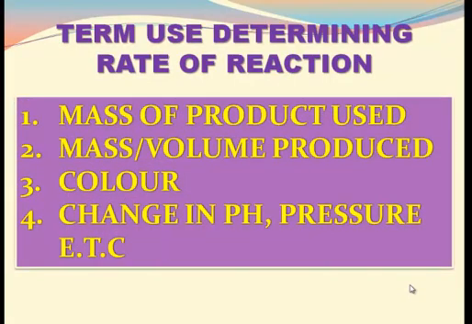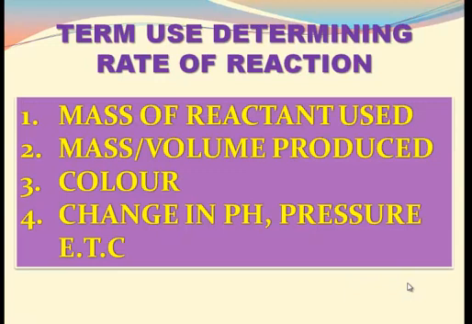We have the mass of the reactants used. We have the mass or volume of the products that is produced. We have the color change. We have the change in pH or pressure of the gas. Each of the measurable terms can be used in determining the rate of chemical reaction.